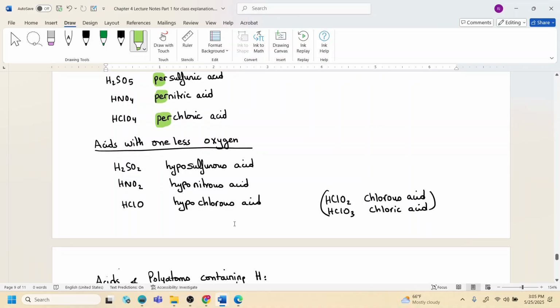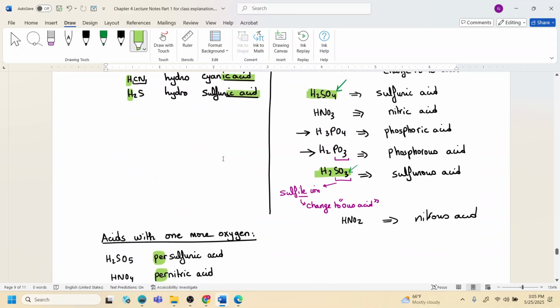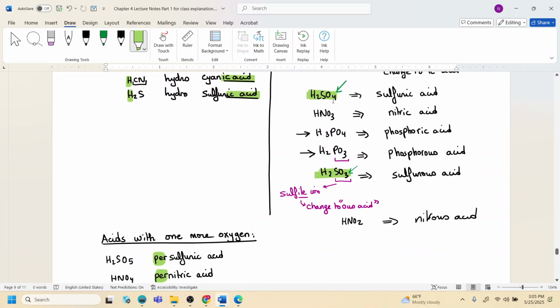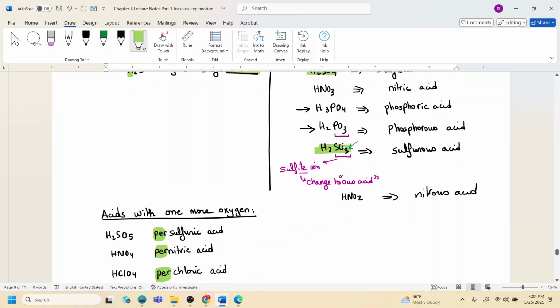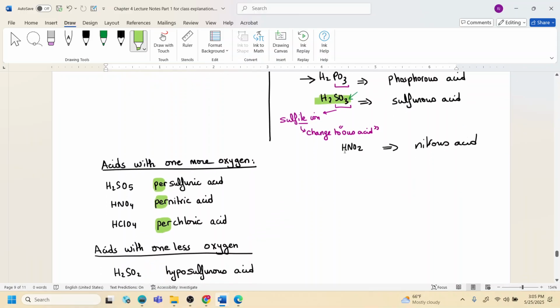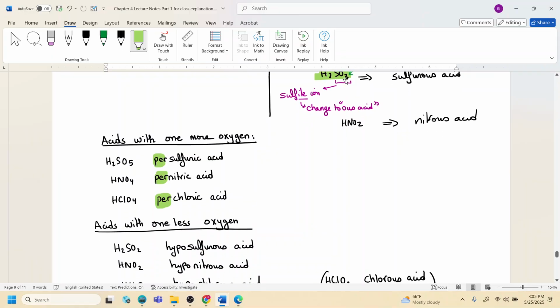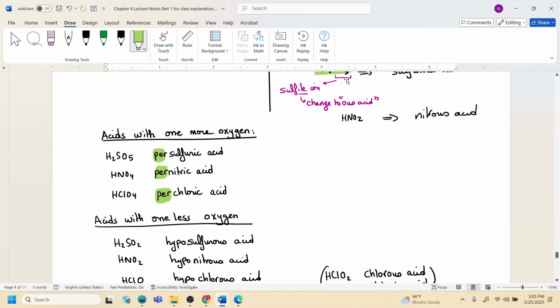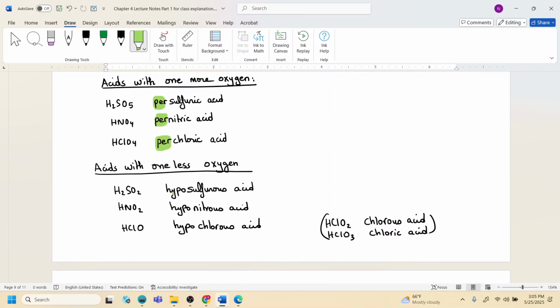And then acids with one less oxygen. So if I have one less oxygen than the regular acid, one less oxygen is here actually. It is H2SO2 because SO3 is the sulfurous. So SO2, this is one less oxygen. Then I'm going to use the prefix hypo.